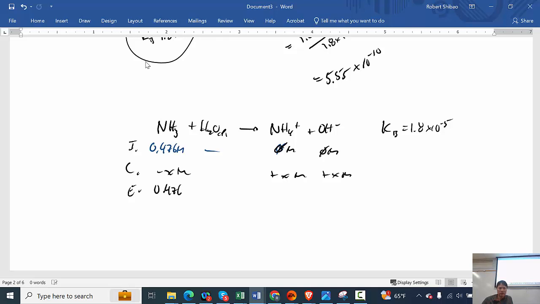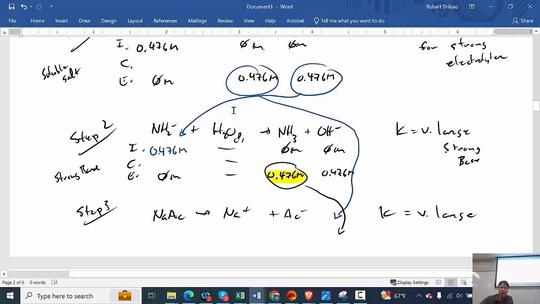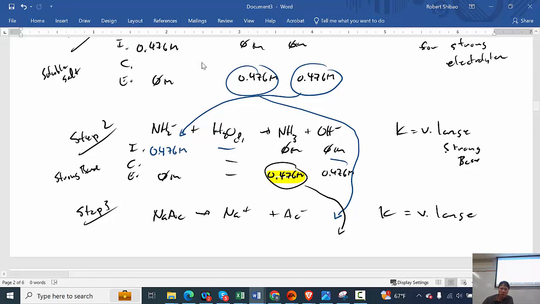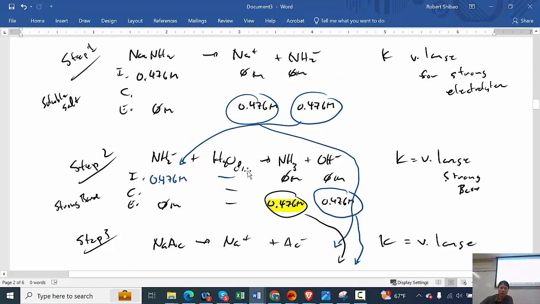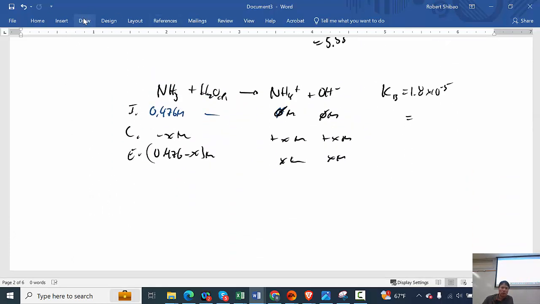We have 0.476 minus x, x molar and x molar. Oh yeah, we do. I forgot to drop that down too. That's good, thanks. We need to drop the hydroxide as well. So we're not starting at 0. We're starting at 0.476.